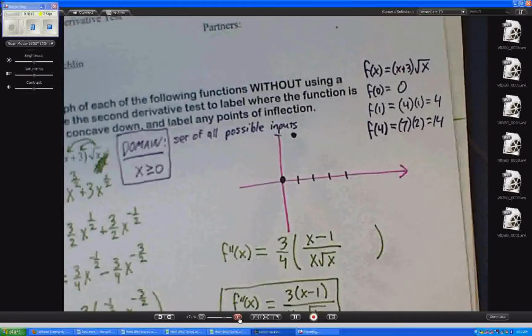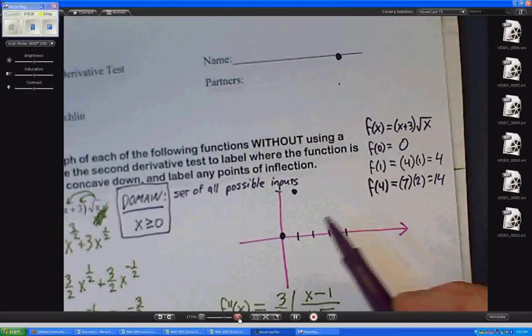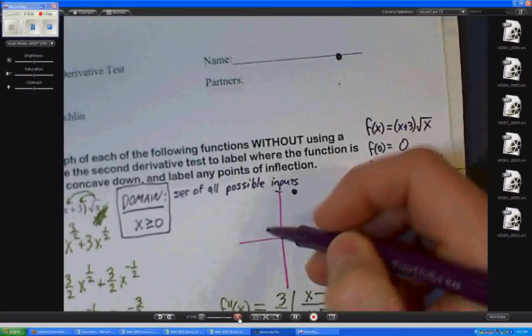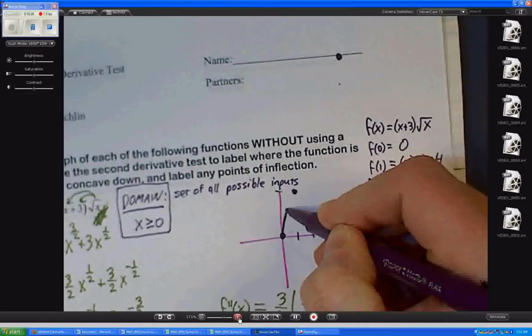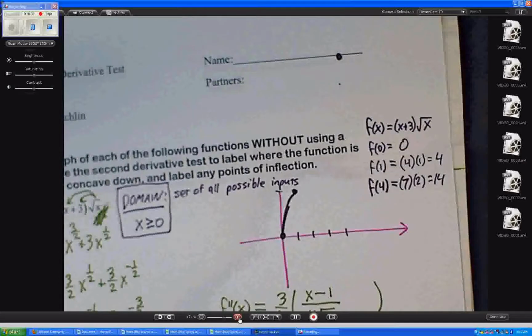Somewhere up there, maybe a little higher. Okay? Now, the reason this helps is because between 0 and 1, we are concave which way? So the graph goes like this in a concave down until we get to that point, and that point is called a point of inflection.